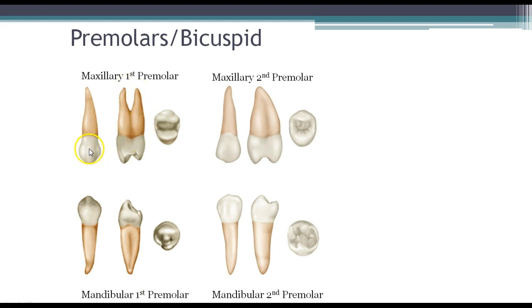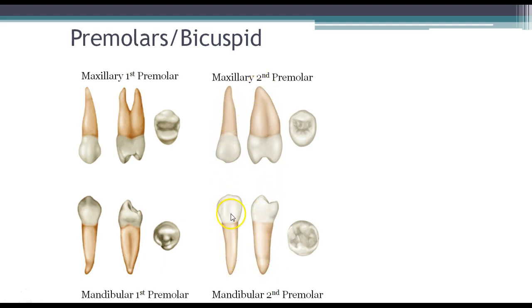From the facial or buccal perspective, it just looks like one root. But when you go to the side, you have a root on the buccal and a root on the palatal surface, or the lingual surface. For the lowers, it's also 1 single root. And your second premolars are the same thing, one single root.